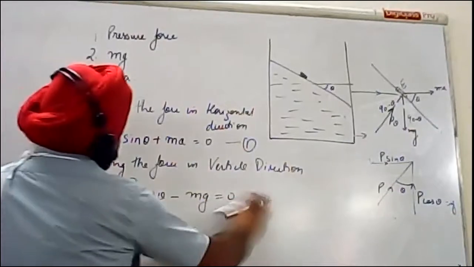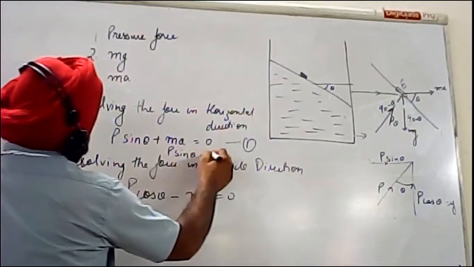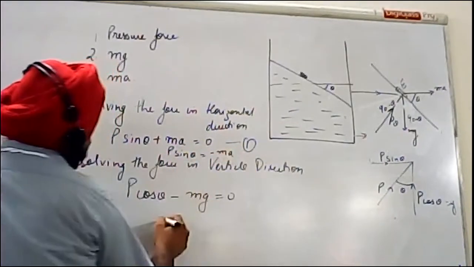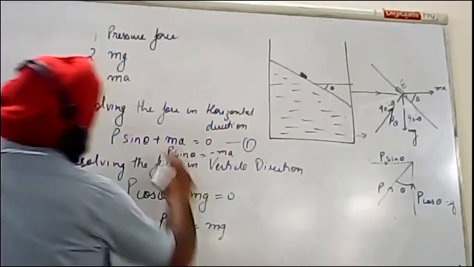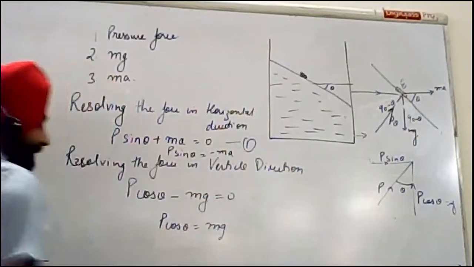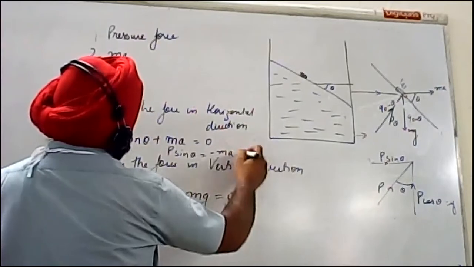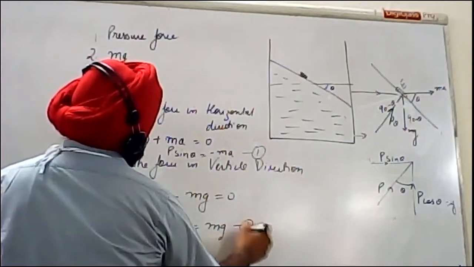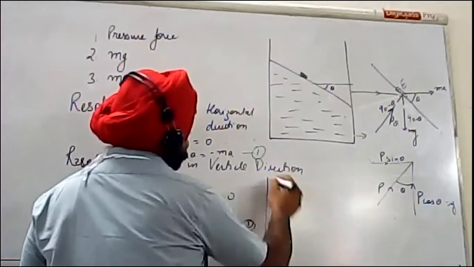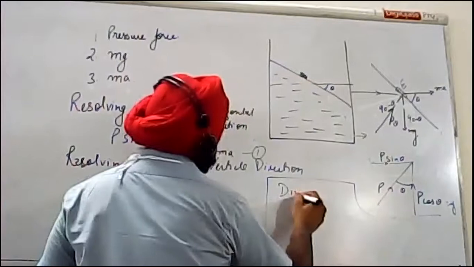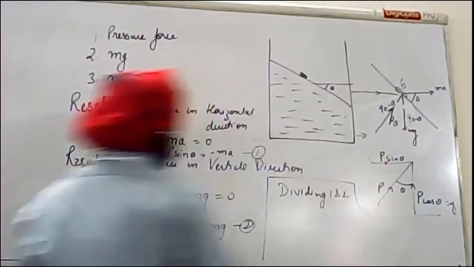Or you can take this as P sin theta is equal to minus ma and P cos theta is equal to mg. Taking this term on the other side, and then taking this as 1 and 2. Dividing 1 and 2.